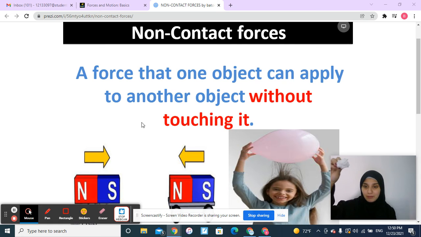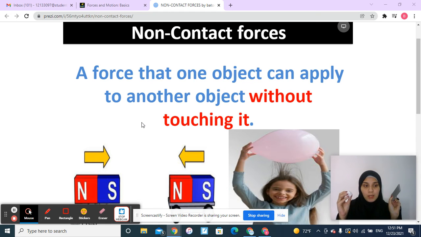But since I leave it, there is a force which is applied to any object that has a mass, which is called gravitational force, the force of gravity. If it's by Earth, it's called weight. If it's between one object and another, it's called gravitational force between objects.